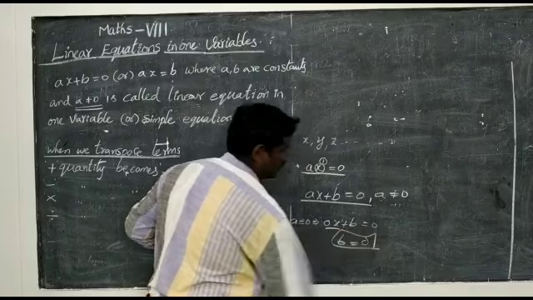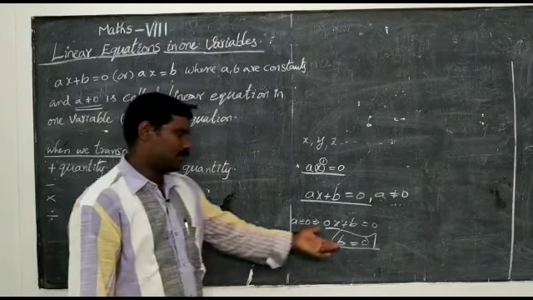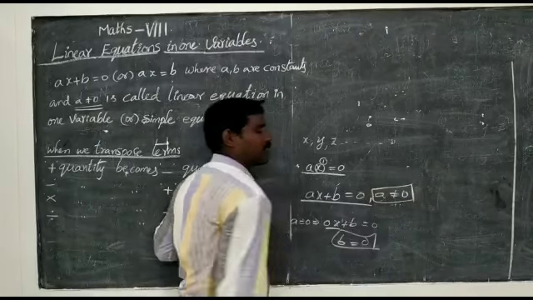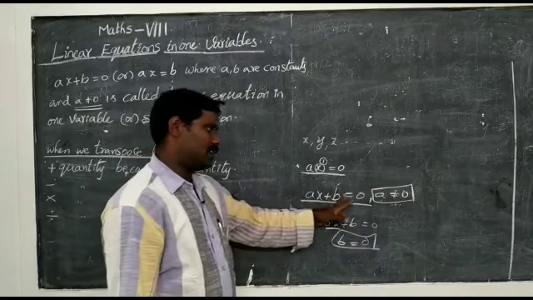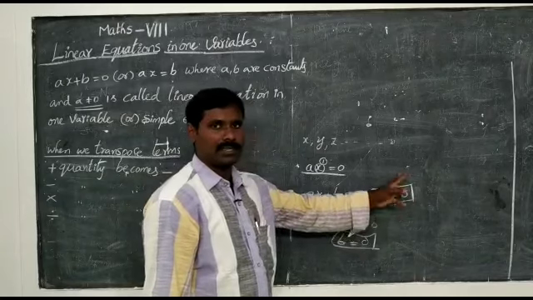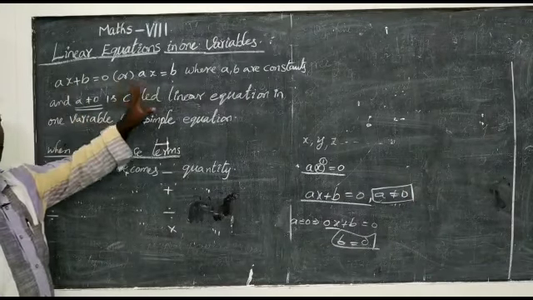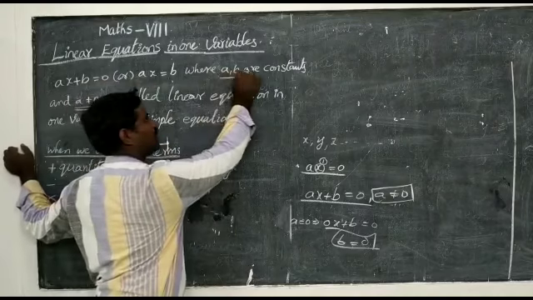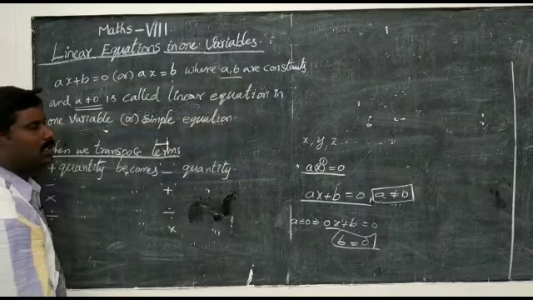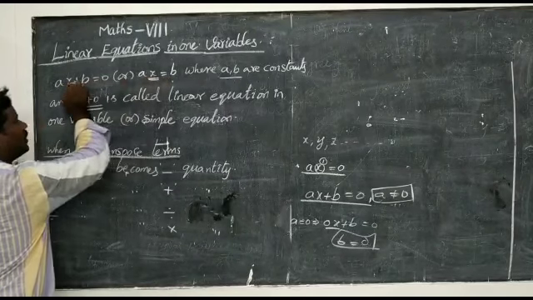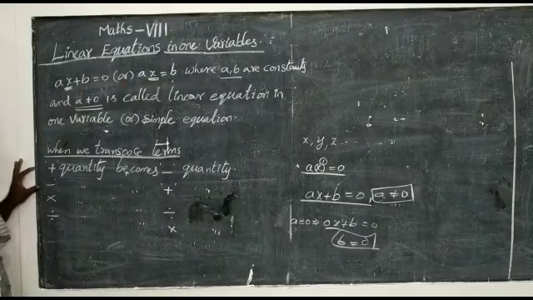Then it is not a linear equation because it is a constant term. That's why a must not be equal to 0. In this case, a and b are any constant terms, and x is called the variable.